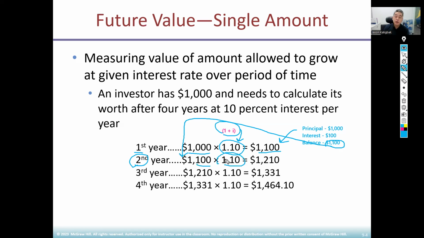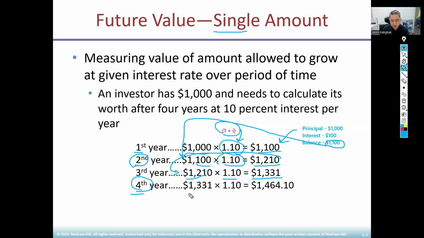Then it earns again because you never withdraw, you never take out the money. It's like a single placement. That's why we call it a single amount. And then you would like to see the impact after 4 years. So it's 1,210. The same goes into the third year: 1,210, same interest rate, 1,331.